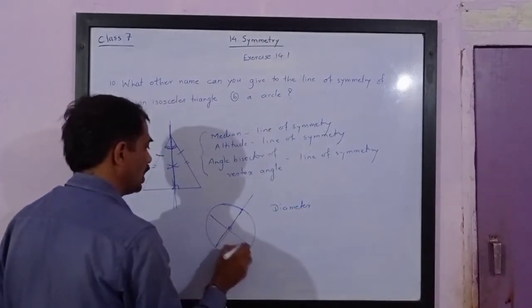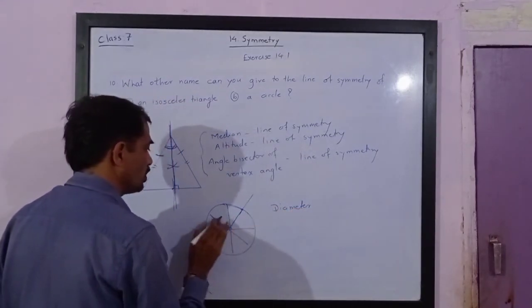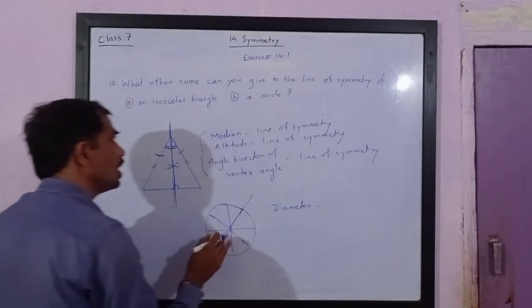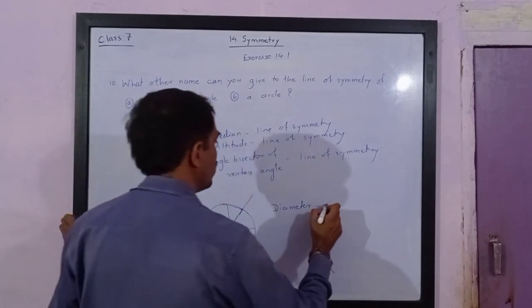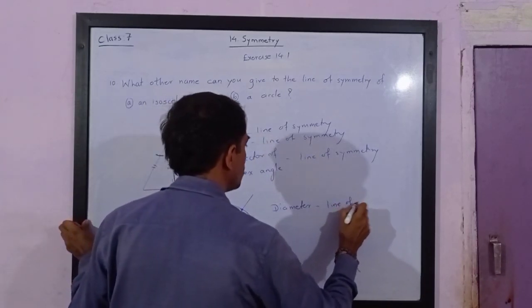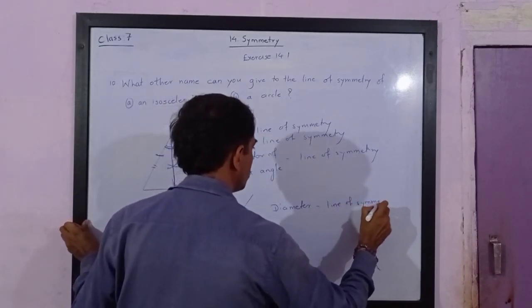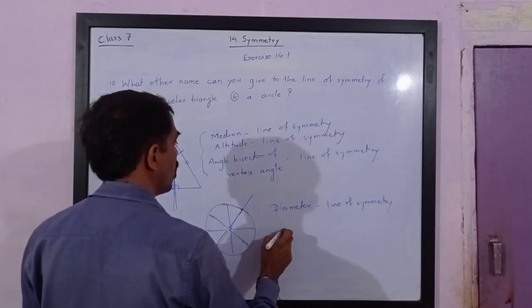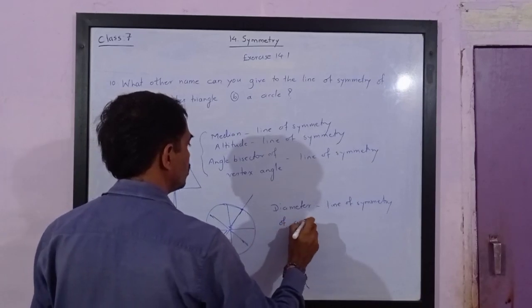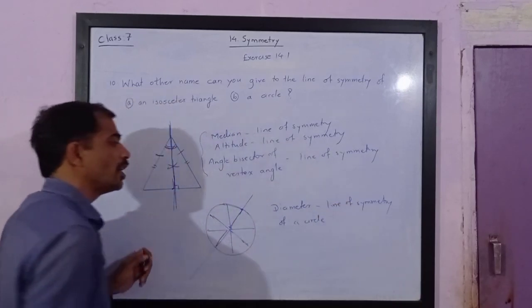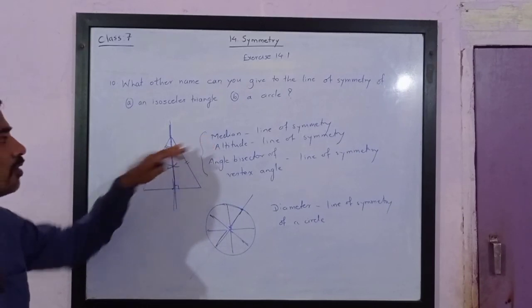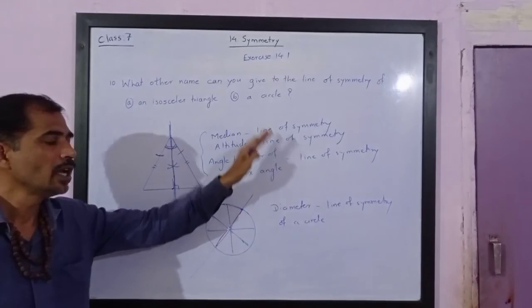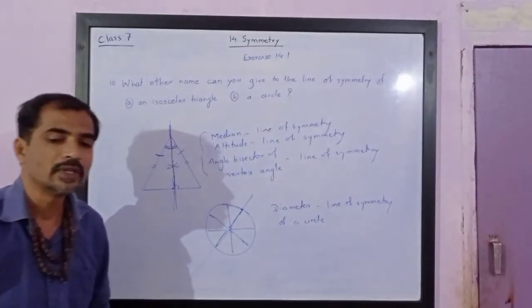So whether you draw like this, like this, or like this, if it is passing through the center of the circle, then it is always called a diameter, and hence diameter is a line of symmetry for a circle. Diameter is a line of symmetry of a circle, and in case of an isosceles triangle we have median, altitude, angle bisector of vertex angle, all three are a line of symmetry.